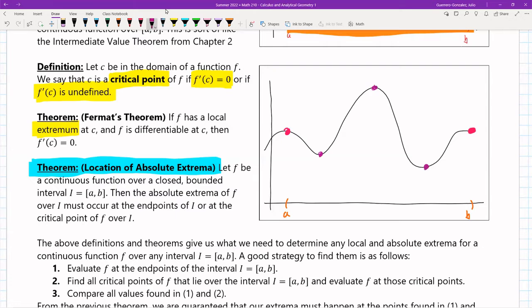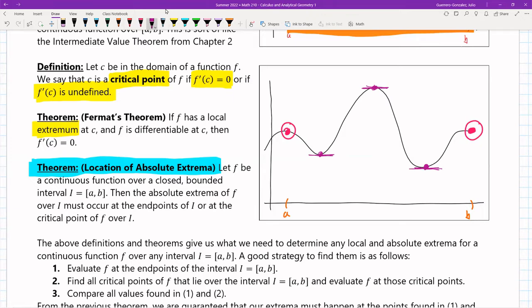Notice the endpoints have values. They may or may not be bigger than anything already on there. And then there are these values where the derivative is equal to 0 because they are critical points, aka the slope of the tangent line is 0.